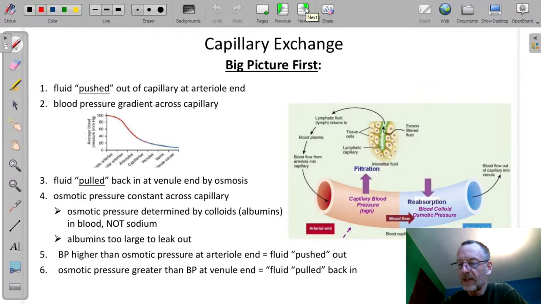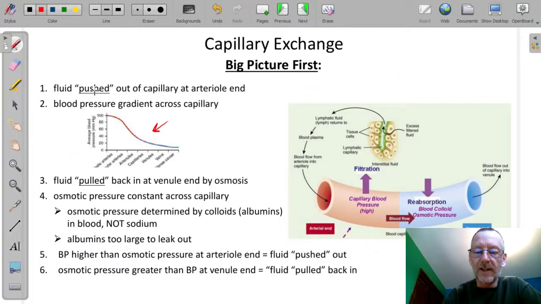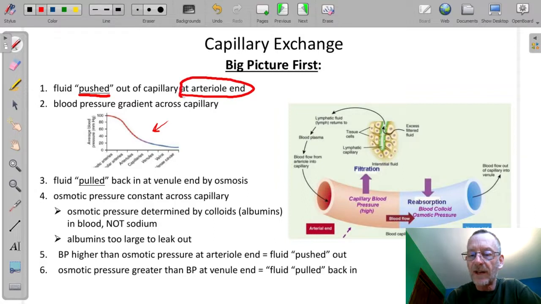So a couple of things to review. You see the pressure curve. We've looked at this several times, so you're familiar with that. And the fluid is pushed out at the arterial end. So I'm going to talk in terms of push and pull. Fluid is pushed out at the arterial end of the capillary where the pressure is higher.